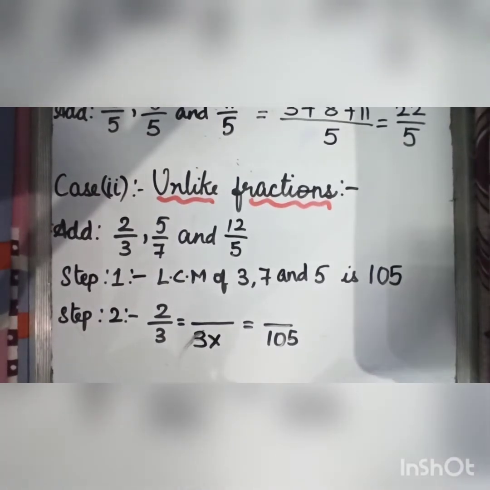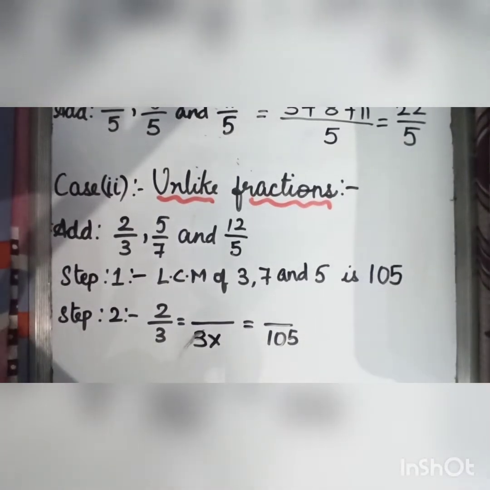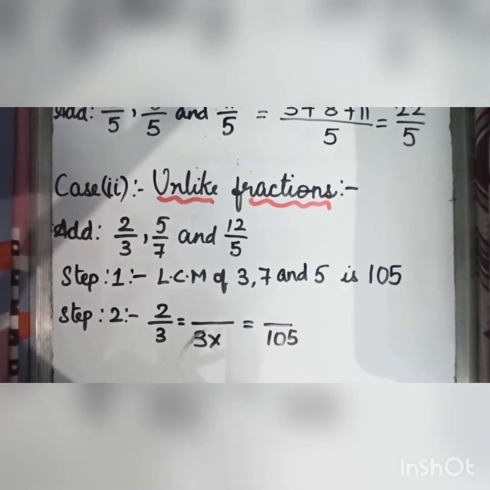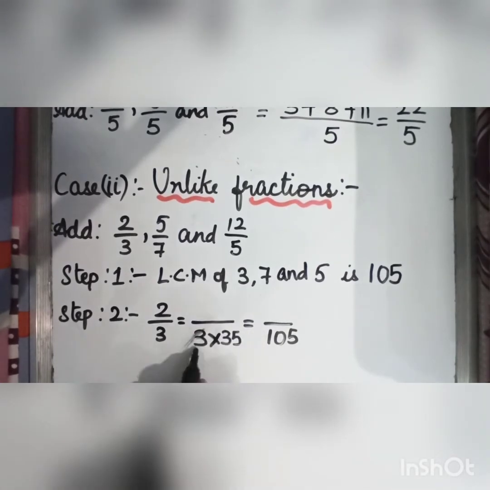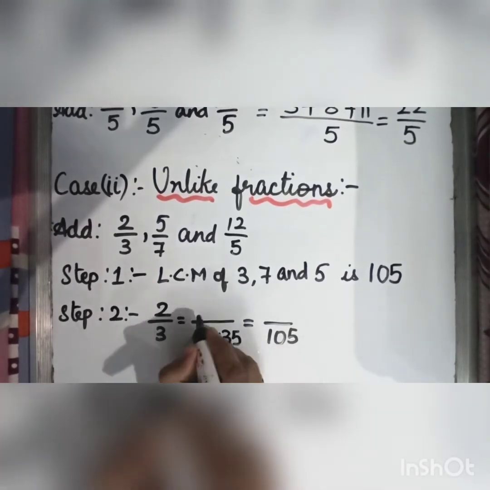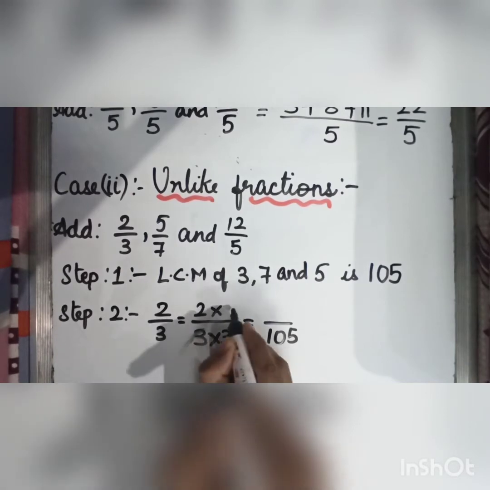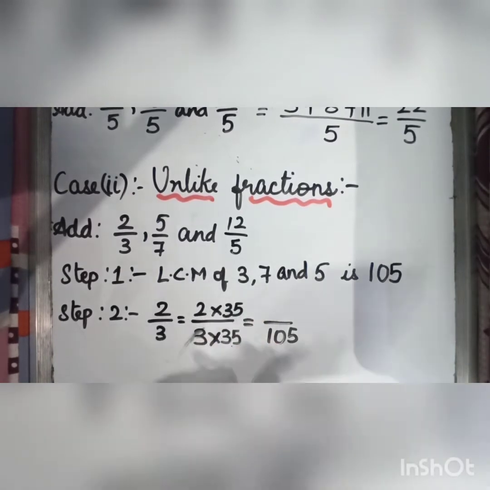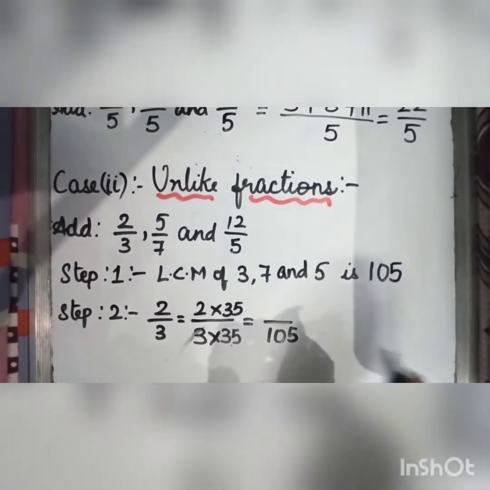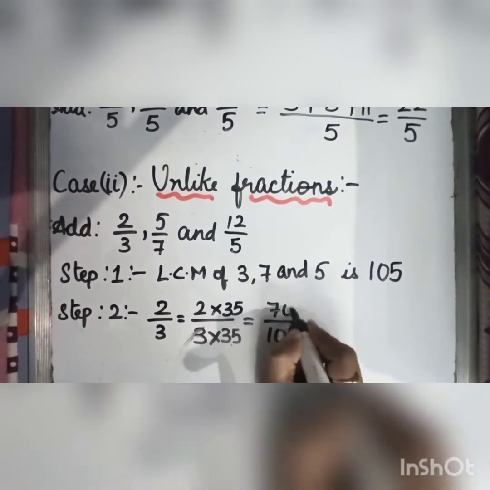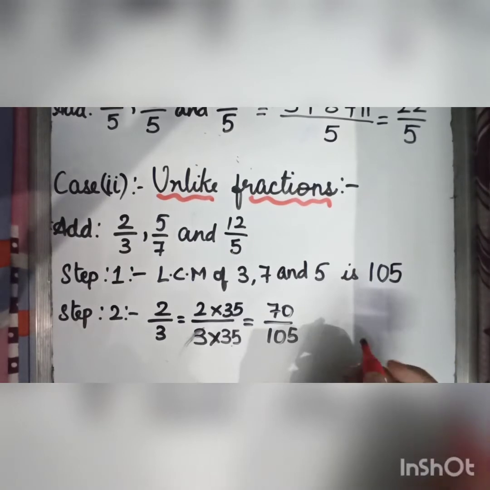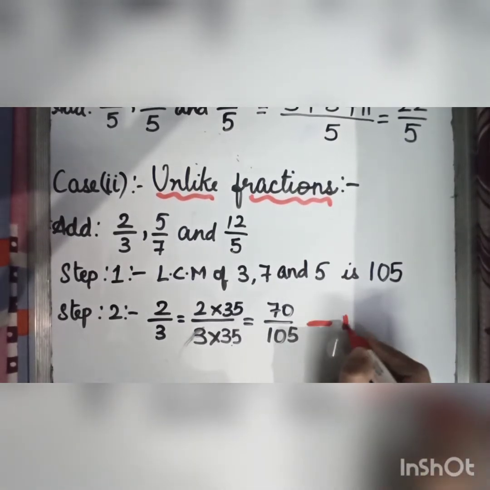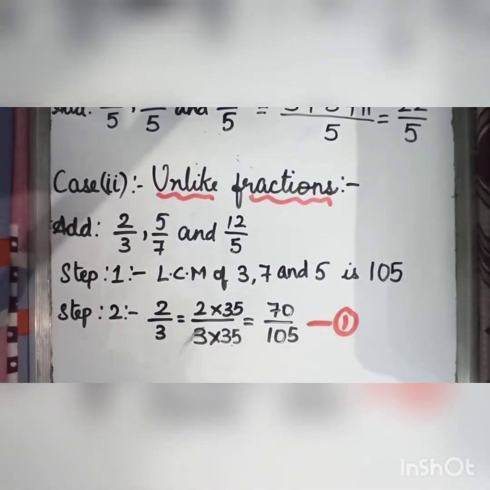With what number will I multiply 3 so that I get 105? I have to multiply by 35. When I multiply 3 by 35, I get 105. In the same manner, I have to multiply the numerator also with 35, not any other number. 2 into 35 is 70. This is your first resultant fraction, that is 2 by 3 is converted into 70 by 105.